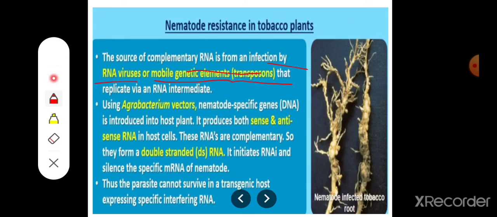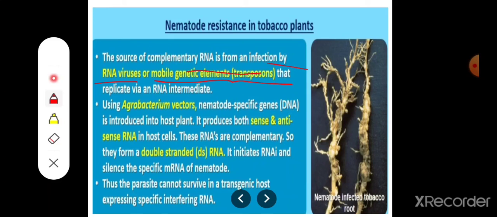And in the case of these tobacco plants, we are using a vector called Agrobacterium tumefaciens, and using the vector we are transferring the nematode-specific genes. The nematode's DNA, right? These nematode-specific genes are introduced into the plant cell, and it produces both sense and antisense RNA in the host cell.